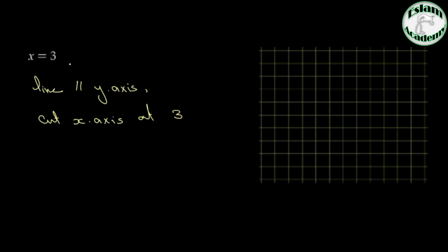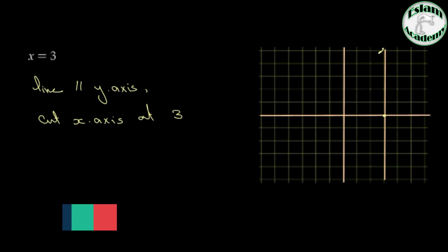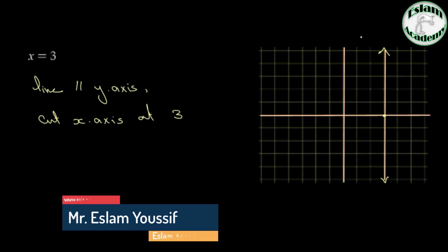If x equals 5, it will cut at the point 5. If x equals negative 4, it will cut at the point negative 4. At the point 3 on the x-axis, we will draw a line parallel to the y-axis and intersect the x-axis at the point 3. So that's the graph of the line x equals 3.